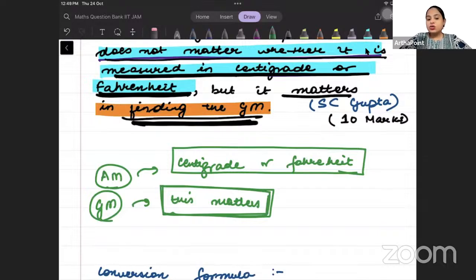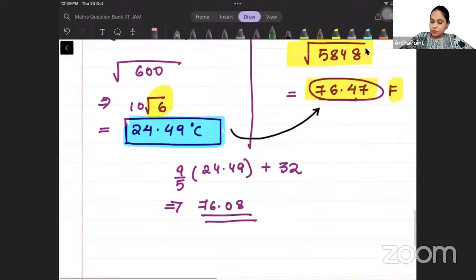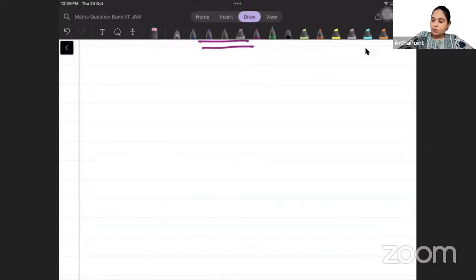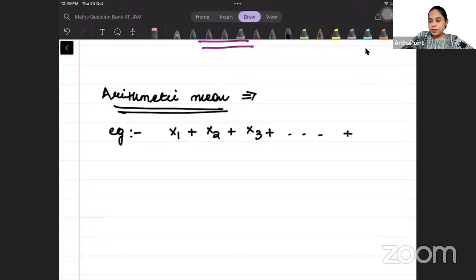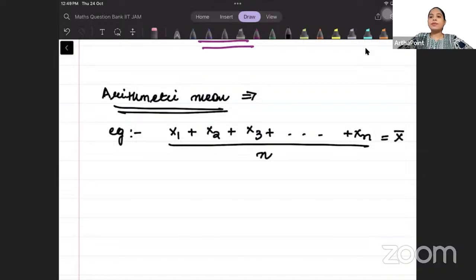So one thing that we need to understand is that whenever the arithmetic mean of some observations is involved, then supposedly, for example, x1 plus x2 plus, suppose there are n observations, and suppose their arithmetic mean is x bar.